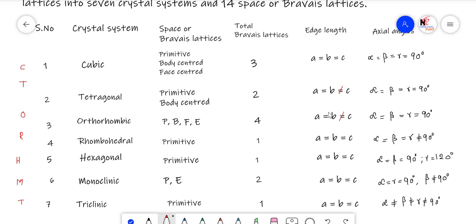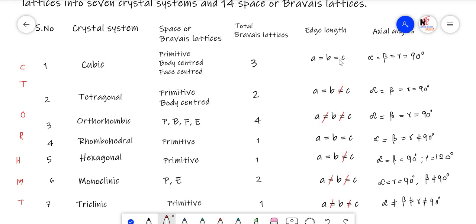Orthorhombic: you cancel both, a not equals b not equals c. Rhombohedral is again the same, a equals b equals c. Hexagonal: a equals b not equals c. Monoclinic: a not equals b not equals c. Triclinic: all are not equal. Even the axial angles also. So this is a way to memorize the edge lengths in the 7 basic crystal systems.